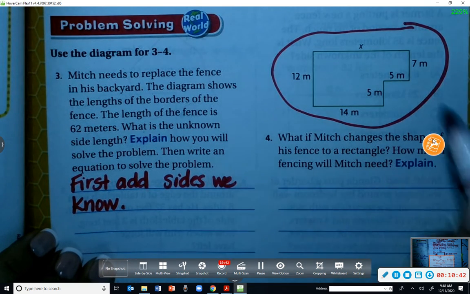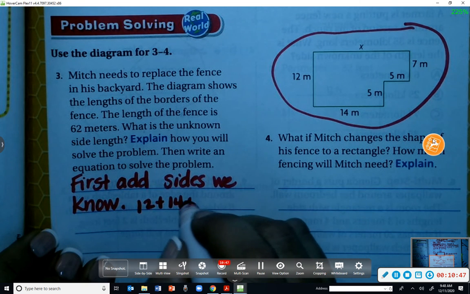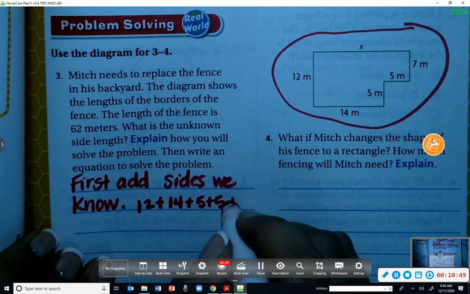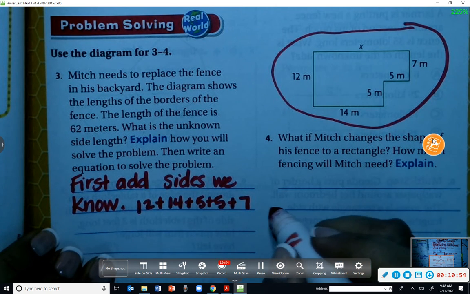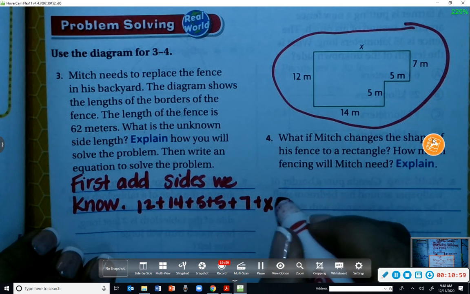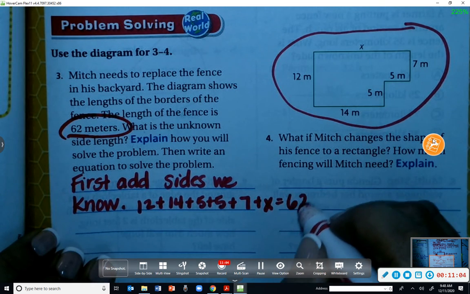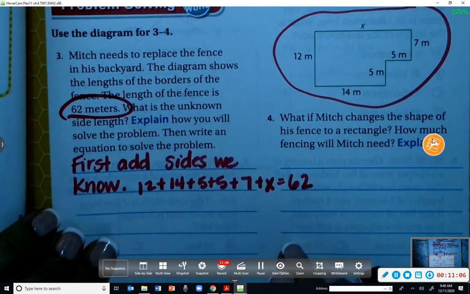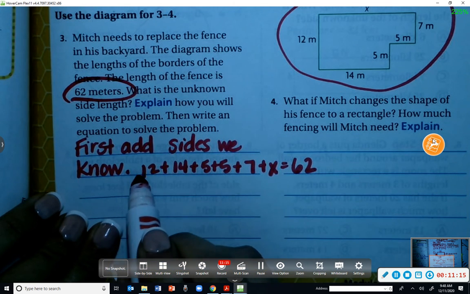So my equation for that, I would do 12 plus 14 plus 5 plus 5 plus 7 plus x equals the perimeter, which they said was 62. So we would add up all of these numbers that we know.